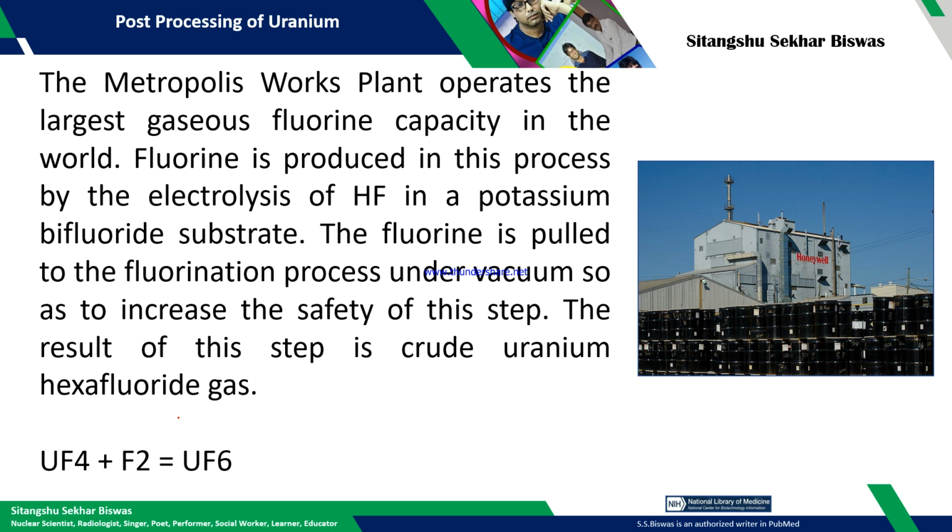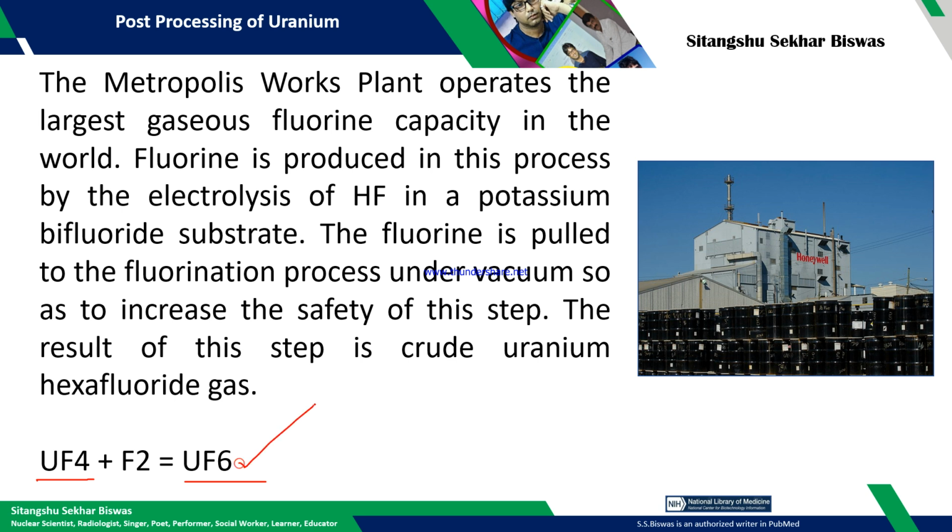Then fluorination is done on this uranium tetrafluoride. The fluorine will be added, and this uranium tetrafluoride will be converted to uranium hexafluoride. So this is the simple process of how uranium from the mine is converted to uranium hexafluoride.